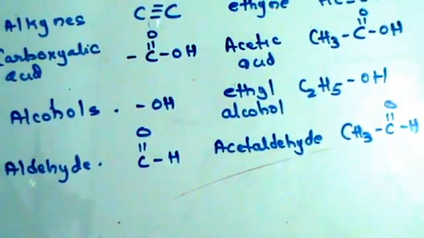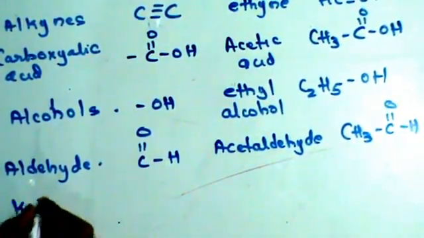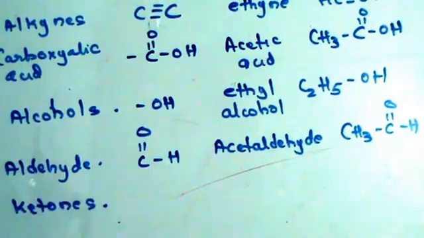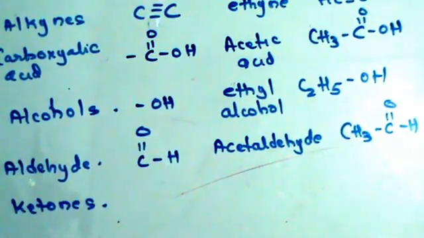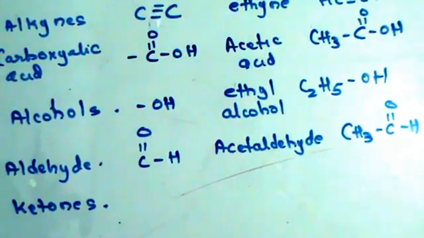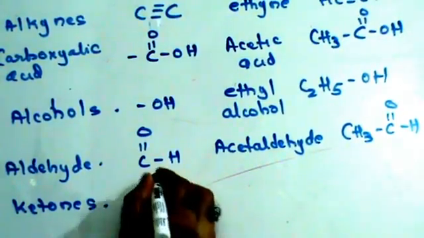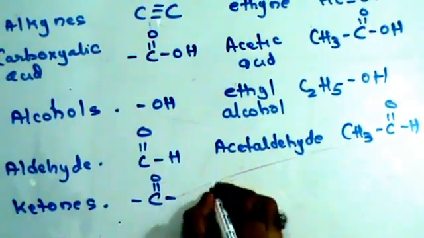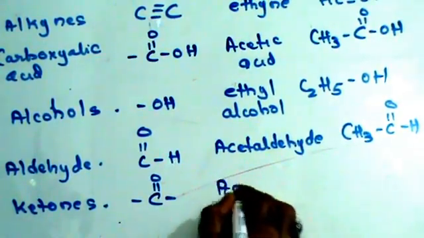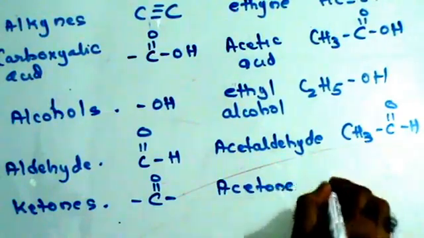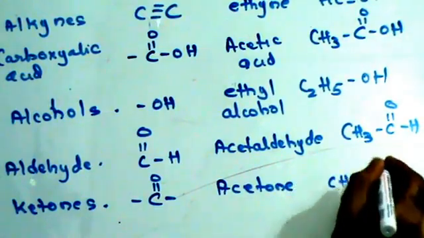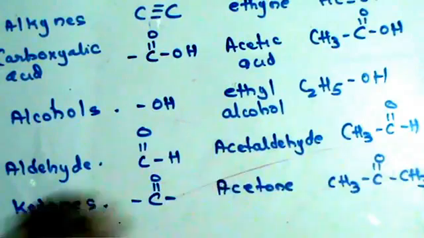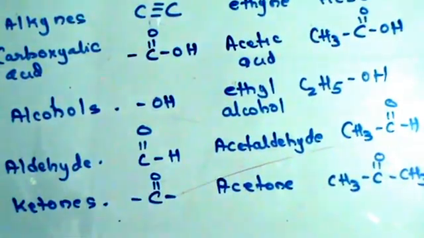Next, the functional group that you have is ketones. Ketones are nothing but C=O. Example, acetone, CH3COCH3. That's my ketone. Right?